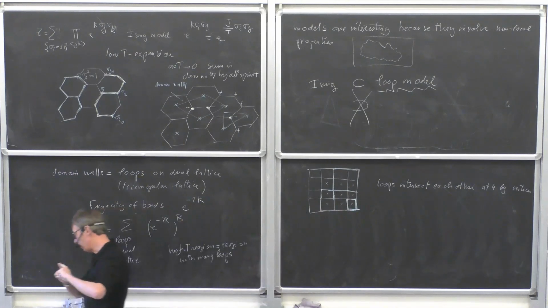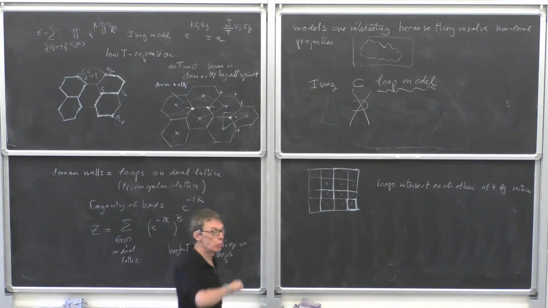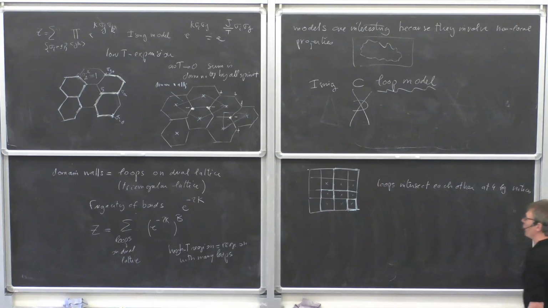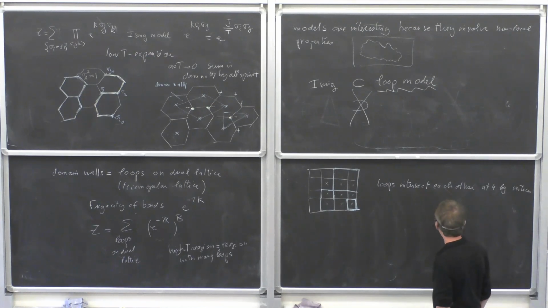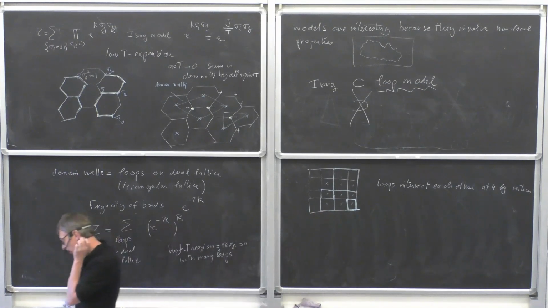I mean by this, they cannot go twice over the same edge. They cannot visit the same site more than twice on a given loop, right? So these things are often called trails, self-avoiding trails, something like this. And then the question arises, does this change the properties?